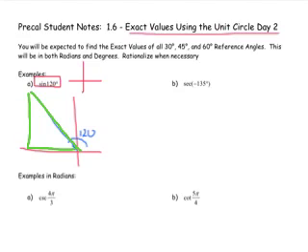If I'm using this as my terminal side, I can identify my reference angle as 120 is from here to here, therefore this is 60. So if this is 60, I can say, well, across 60 is the square root of 3.